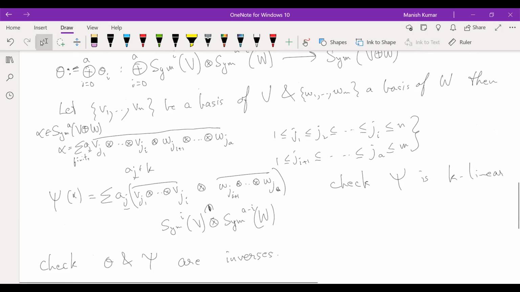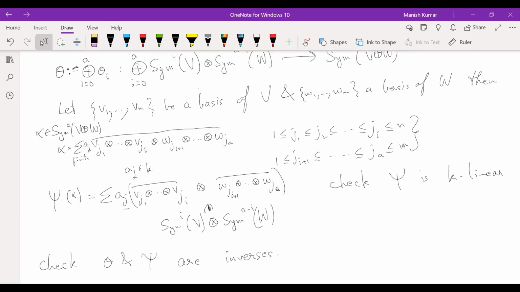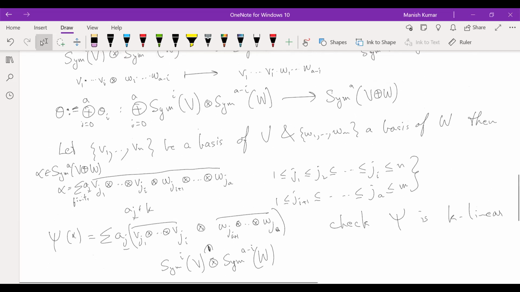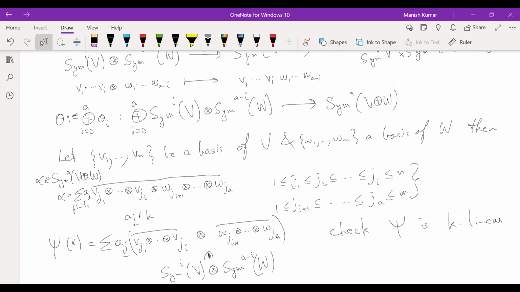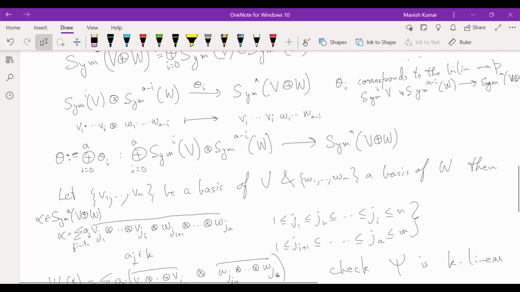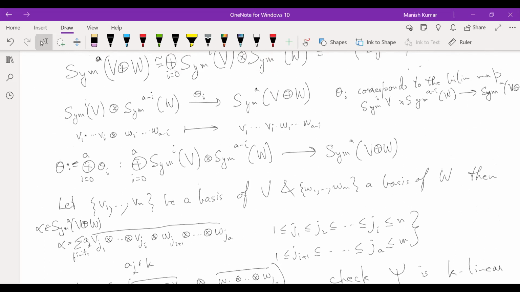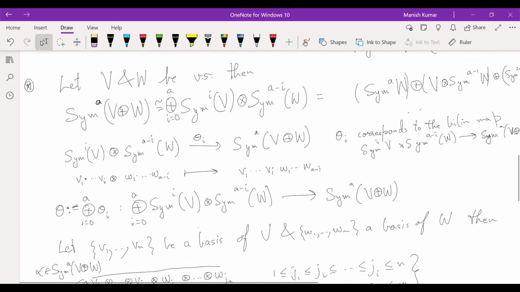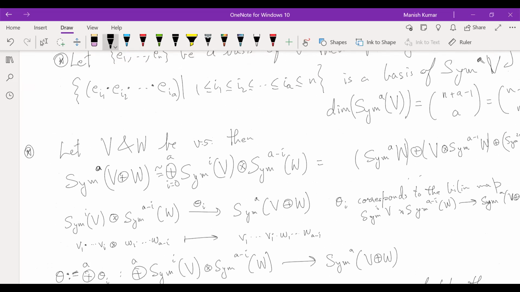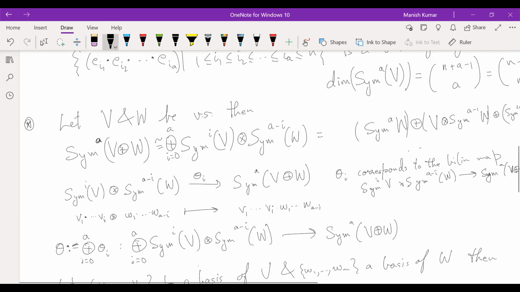That is the idea, but still you have to say that this forms a basis. There may be relations among these. If you assume that this is a basis, then it is clear.